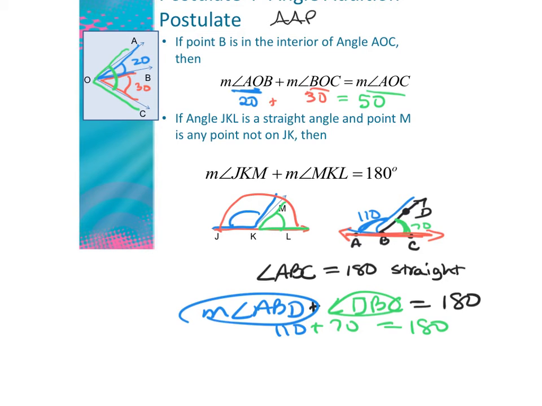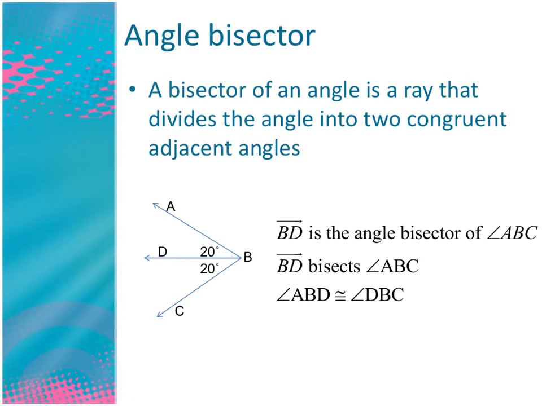Next one is an angle bisector. We saw a segment bisector. Now we're going to bisect angles. So an angle bisector of an angle is a ray that divides the angle into two congruent adjacent angles.